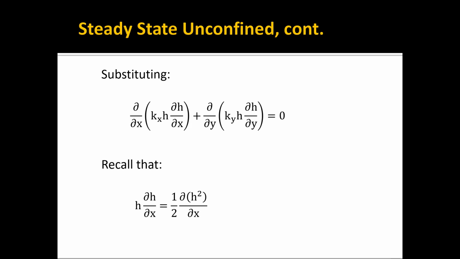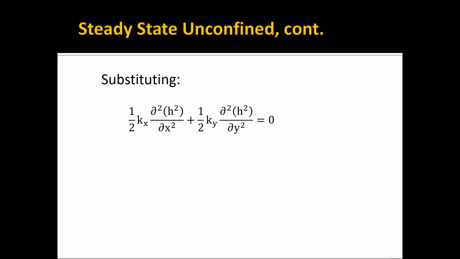So if we use this assumption, and looking at these terms, we have this h del h del y and h del h del x. Using this expression here, we do a substitution, and we get this term here, when we've pulled out the constants from inside the derivative. The 1/2 and the kx, and the 1/2 and the ky are constants, so we pull them out.